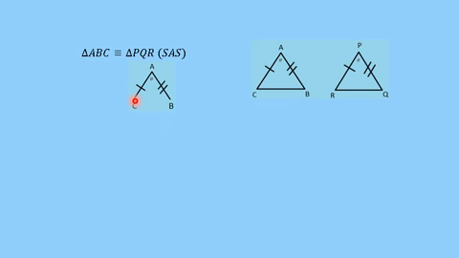So moving from C to A, we have the marked side. This S is this side, so it's side. And then at angle A, there's an angle there which is theta, which is angle A equals angle P, all equal to angle theta.